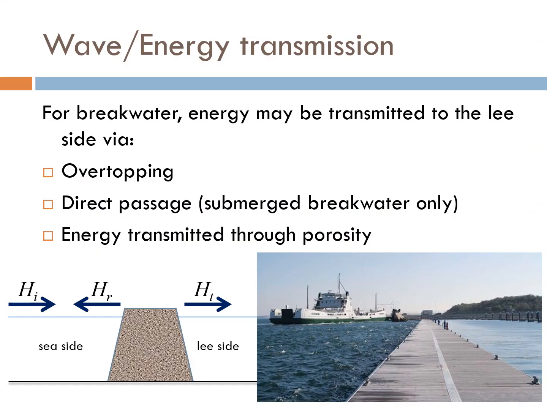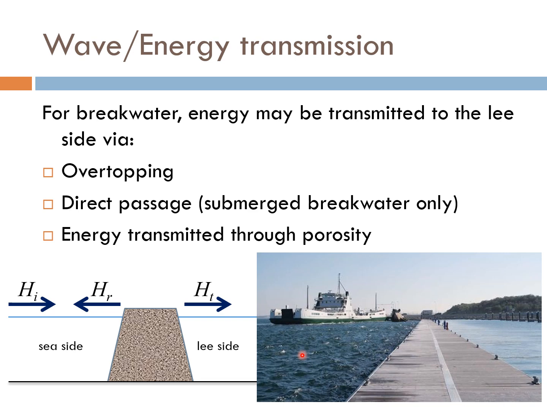We mentioned that breakwater is meant to reflect and dissipate wave energy, as we can see, for example, here, whereby this breakwater effectively reduces the amount of wave energy on the lee side here compared to the sea side here.